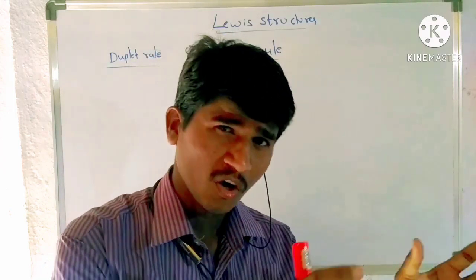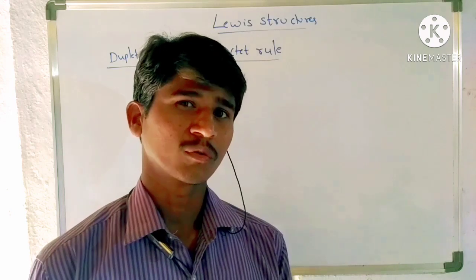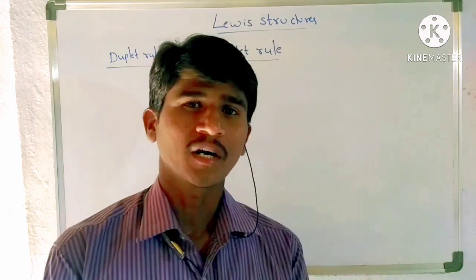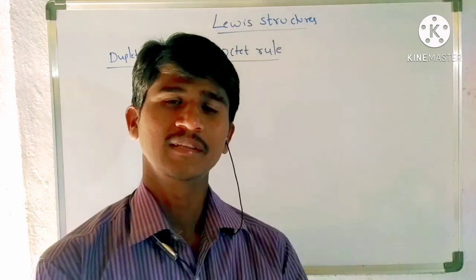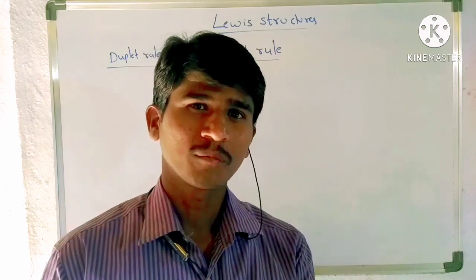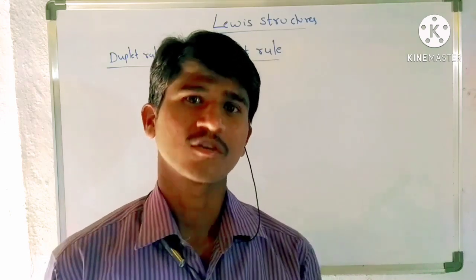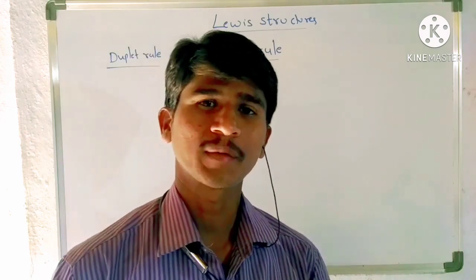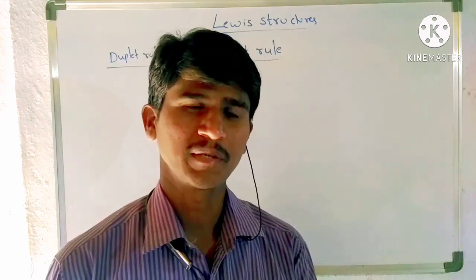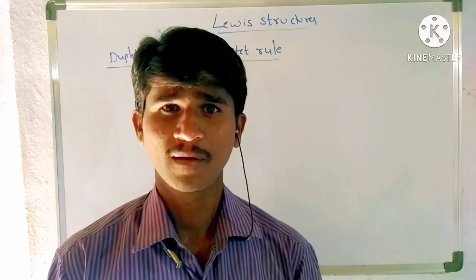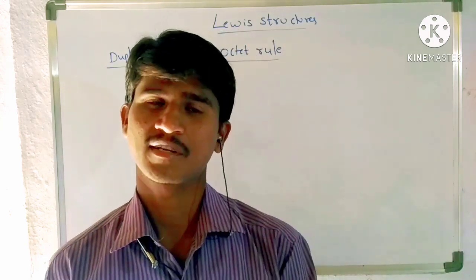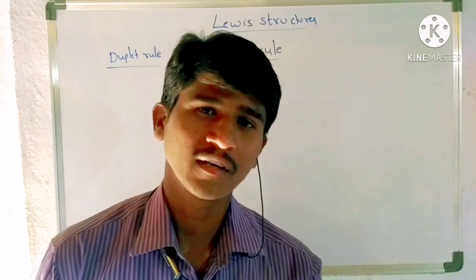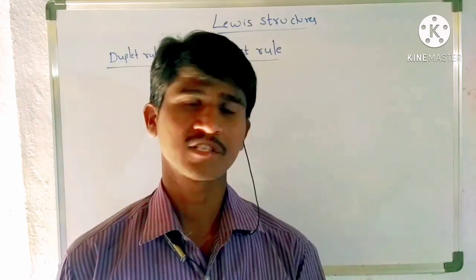When we observe the common point, except helium, in neon, argon, krypton, xenon, radon the outermost configuration is an octet, meaning they have 8 electrons in their valence orbit. Due to the presence of 8 electrons in their valence orbit, they get stability.